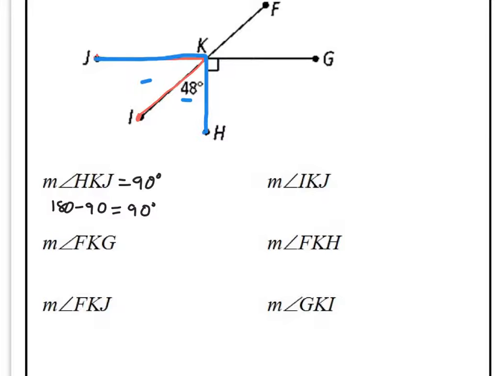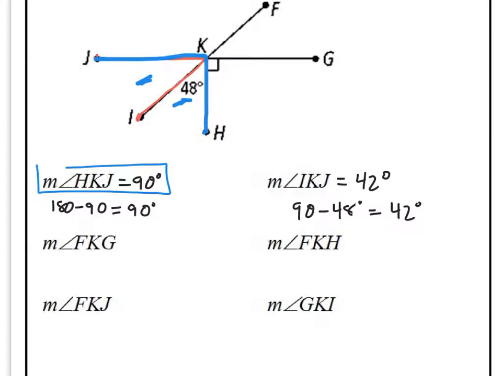These two angles have to be complementary angles. So if they're complementary, they add up to 90 degrees, and so I can take 90 minus 48 degrees, which equals 42 degrees. So that is then the measure of angle IKJ.